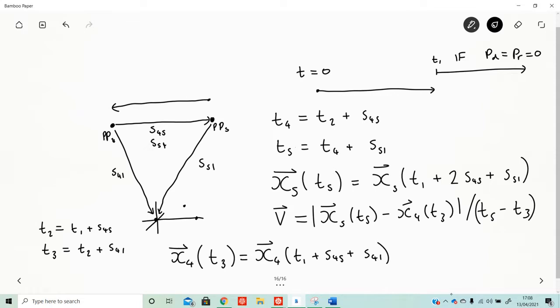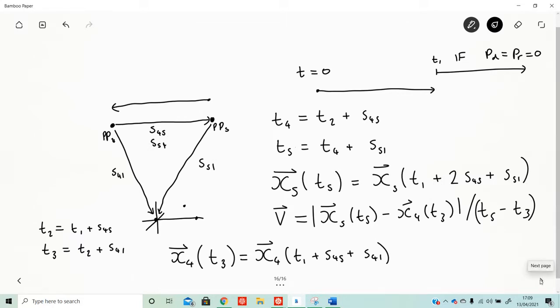You might think, okay, well, there's a little bit of a weird thing here, which is that we might end up with a negative velocity, because it's possible that this information reaches the centralized point particle from point particle 5 before the information reaches it from point particle 4. It's because the system is largely non-Euclidean, and you could have a really long S41 and a really small S51 and S45.